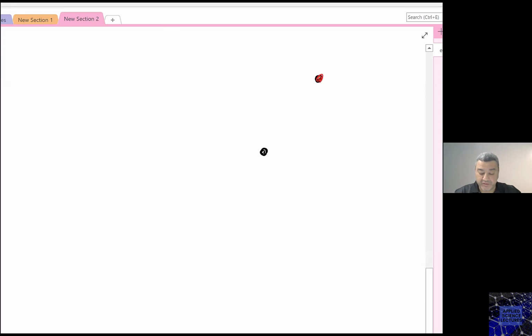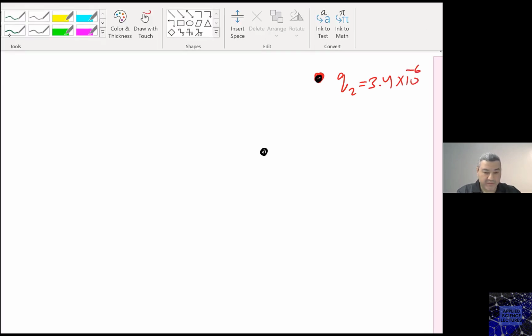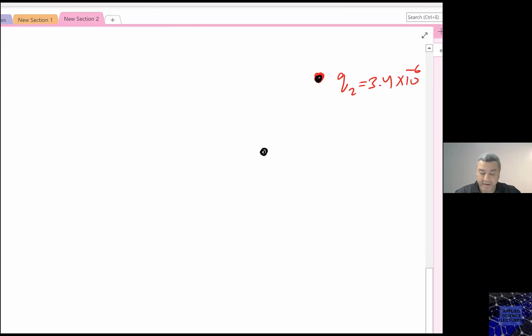Let me do this one in red. This one is Q2, that is 3.4, and the other one is Q1, minus 1.21 times 10 to the minus 6, and we need the location here.